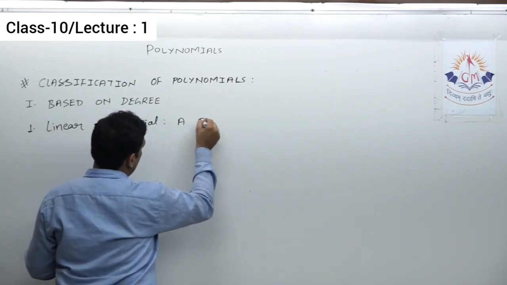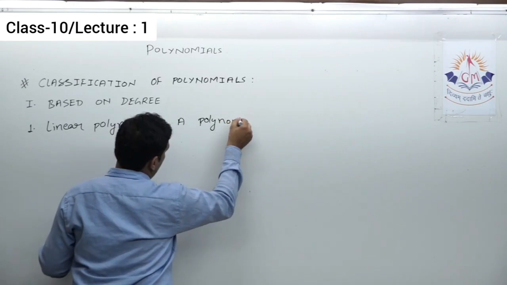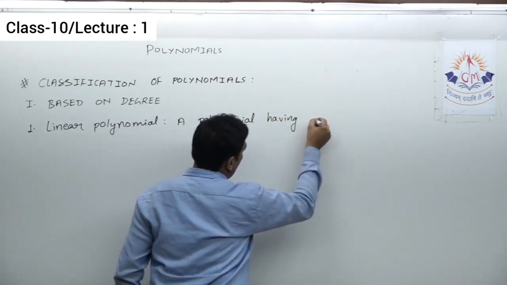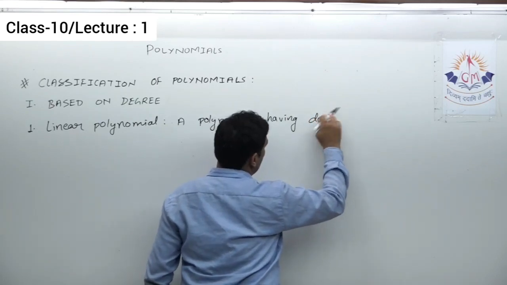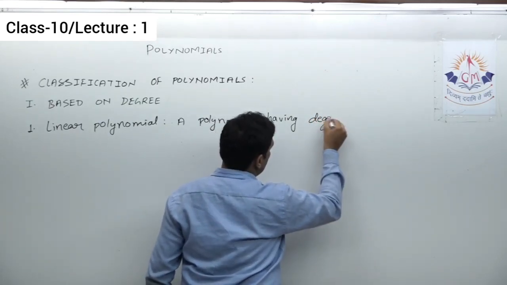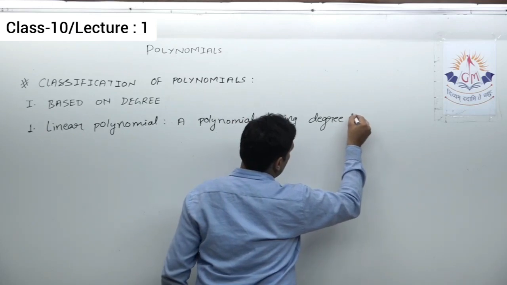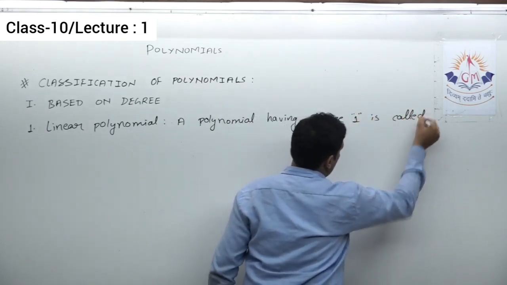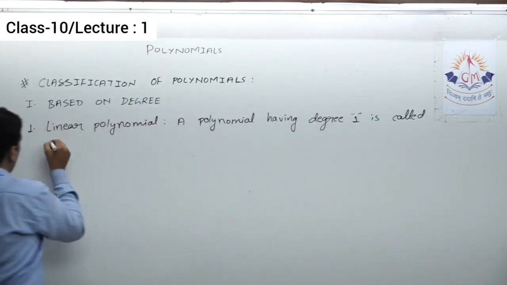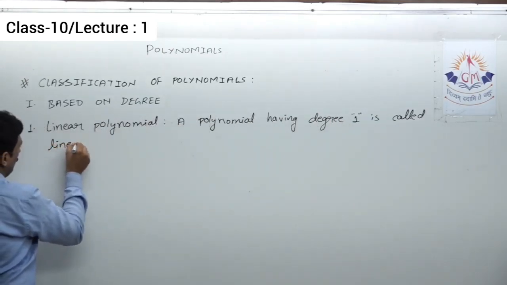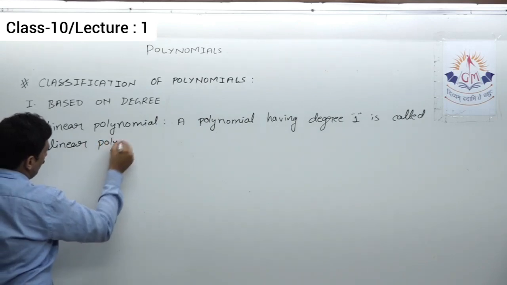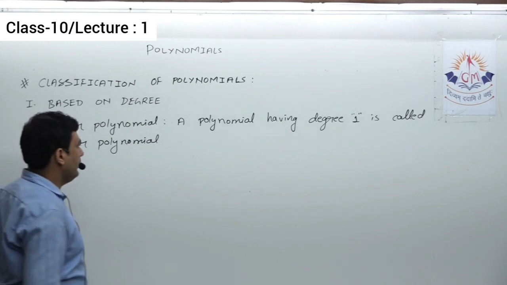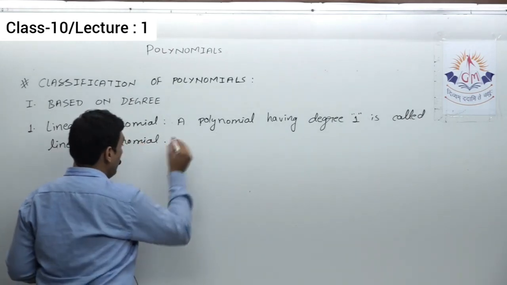A polynomial having degree 1 is called linear polynomial.